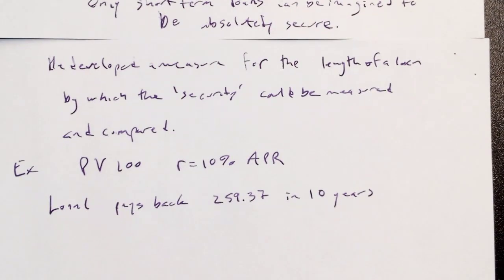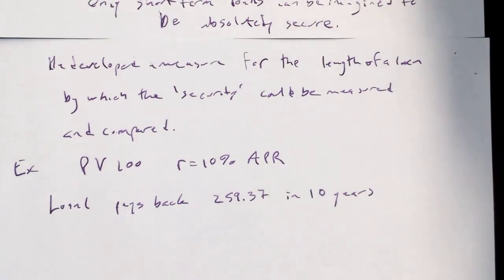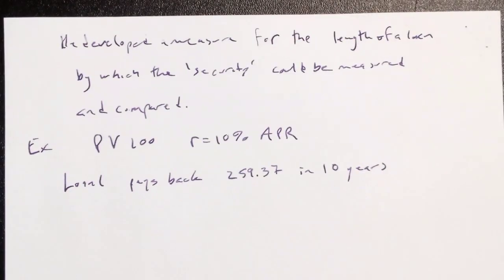You make the loan of $100, you get $259.37 10 years from now. Absolutely nothing else in the middle. You just get ka-ching, one payment, $259.37 at 10 years. Why would it be that number?